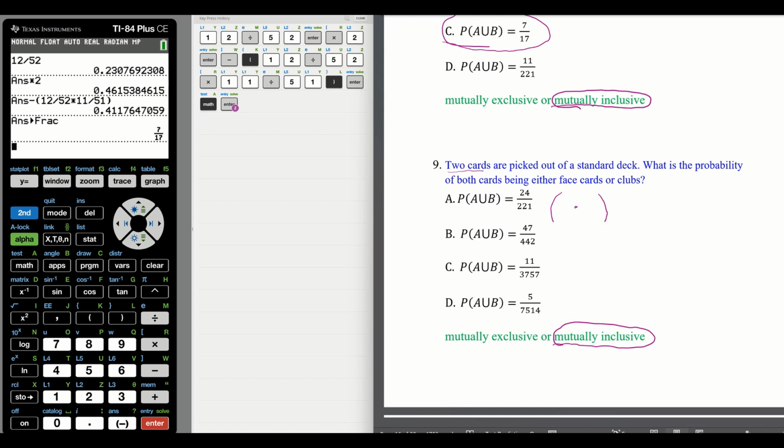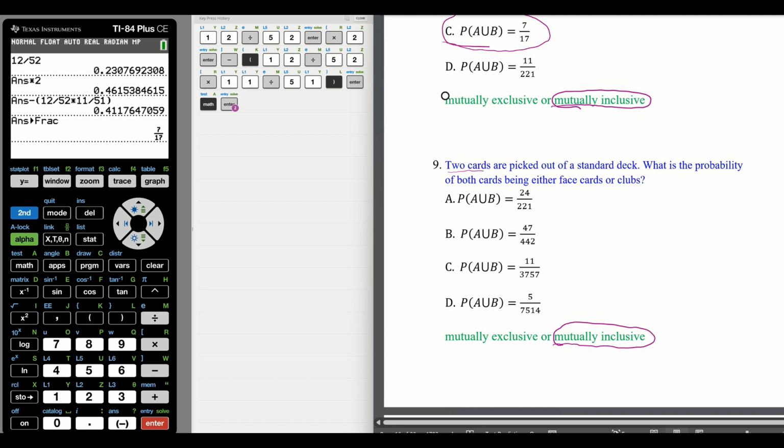So this means that for face cards, we have 12 face cards or picture cards. Here, let me make that to where you can read it. Okay, there it is.